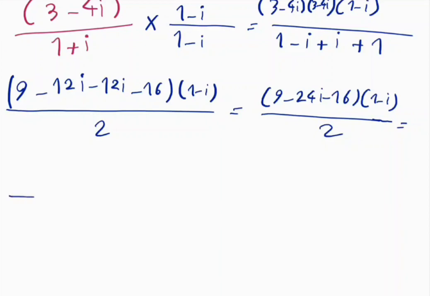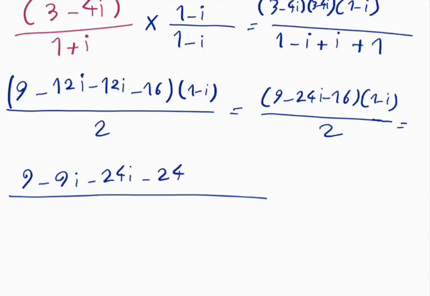So we have minus 7 minus 7i, minus 24i. Then minus 24i times minus i gives 24i squared, which is minus 24. Then we have minus 7 and 7i, all divided by 2.